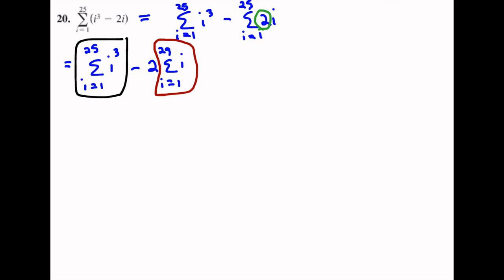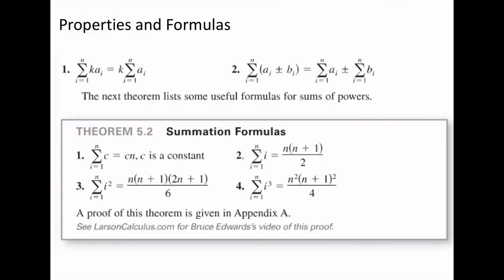So let's do it. Let's write this summation, the summation of i cubed, as n squared times n plus 1 squared all over 4. You see where I got that? I got that from right here.